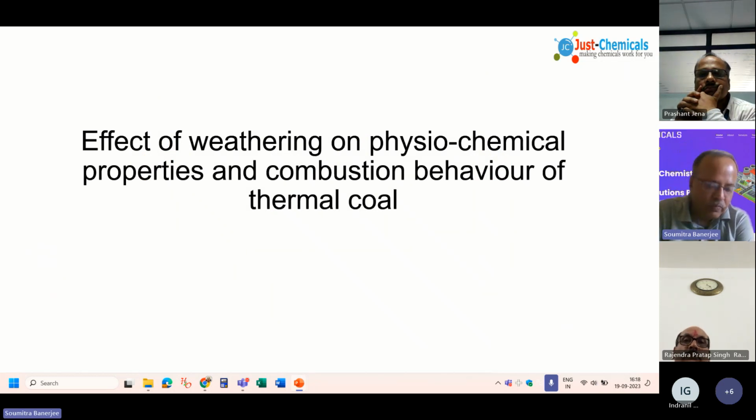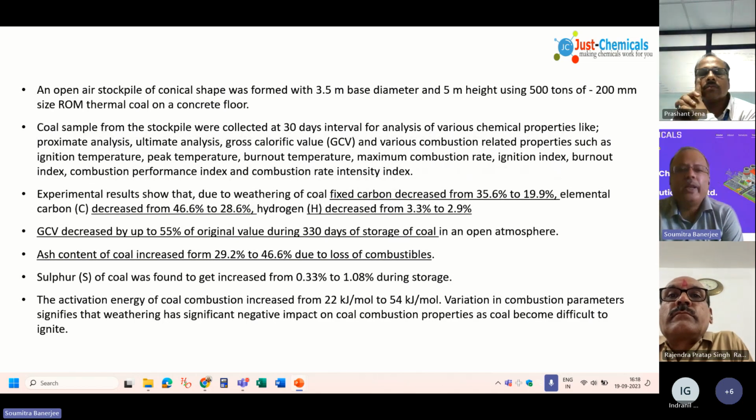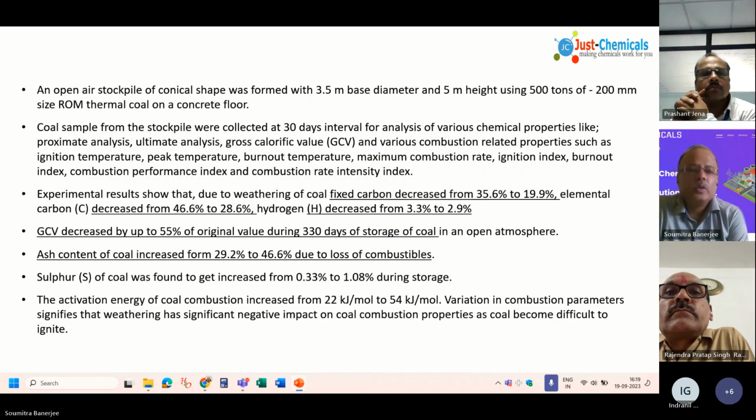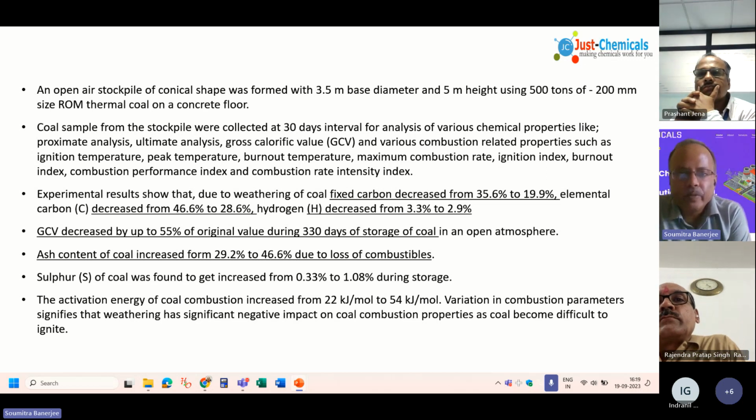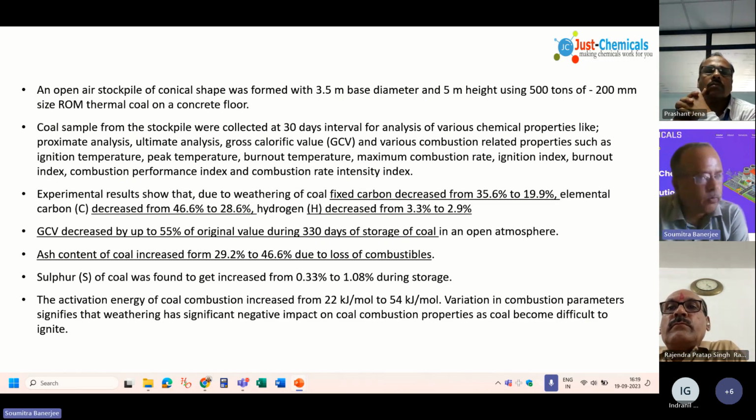This slide is called effect of weathering on physicochemical properties and combustion behavior of thermal coal. Now, there is a paper which has been written by me, in which I used a stockpile with 3.5 meter base diameter and 5 meter height, using 500 tons of 200 size ROM coal.